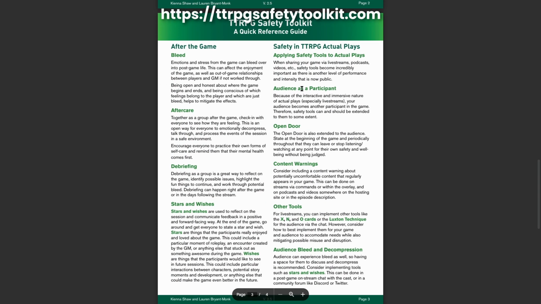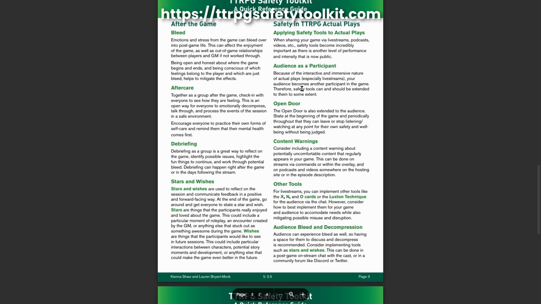Then as we get a little bit further, talking about some of the things after the game, which is basically trying to prevent the game from bleeding over into real life. If there's any aftercare needed, it might be good to occasionally have a debriefing so that people can discuss how they're feeling, if it isn't an active thing in their mind, but something that is just in the back of their mind. And then they have a section called Stars and Wishes.